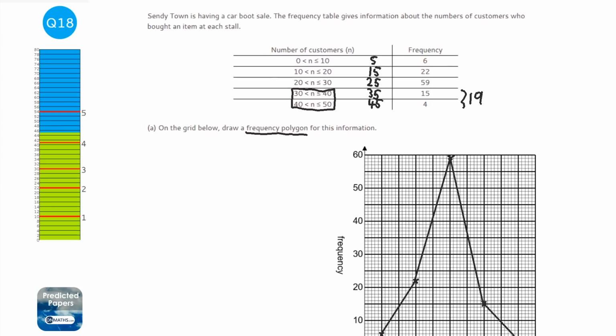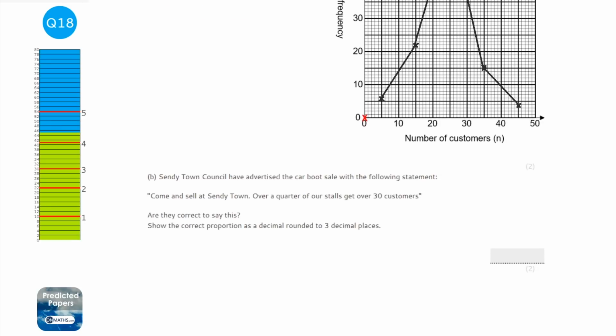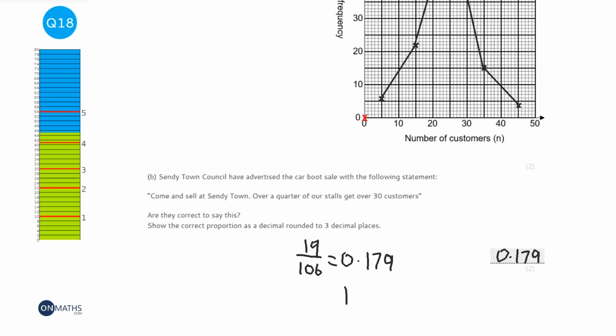It didn't say it in the question. So it's 19 out of 106, which as a decimal, 19 over 106 would be 0.179 to 3 decimal places. So what I would say in the exam is no, because that is 17.9%.